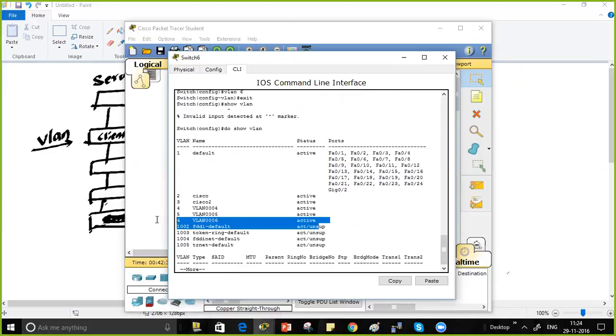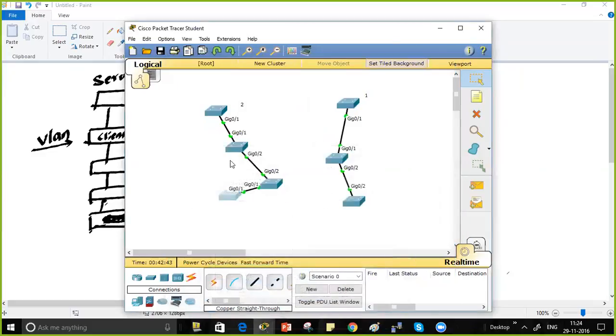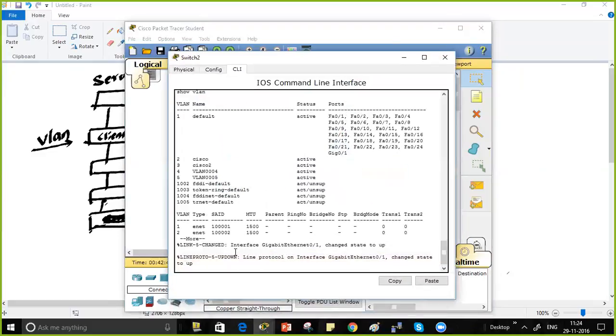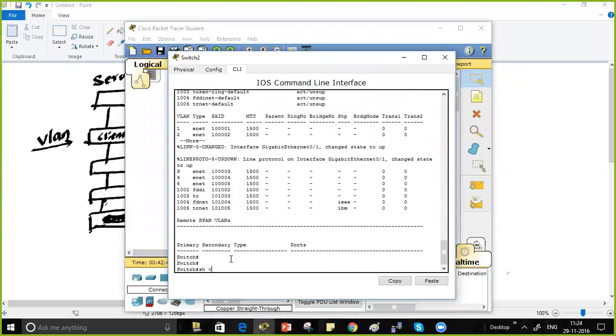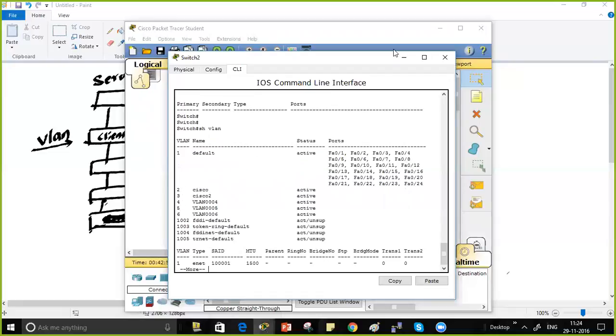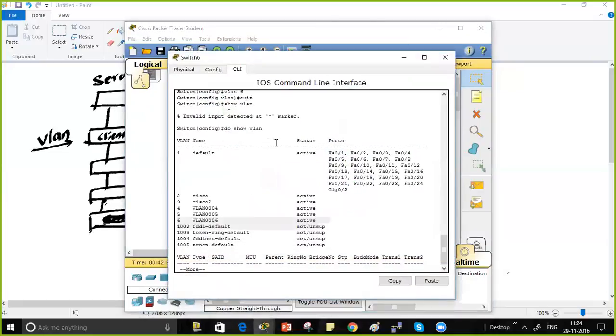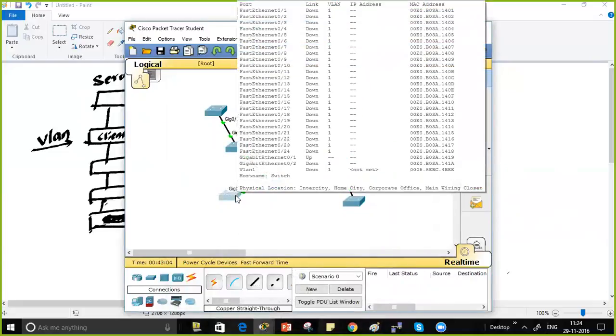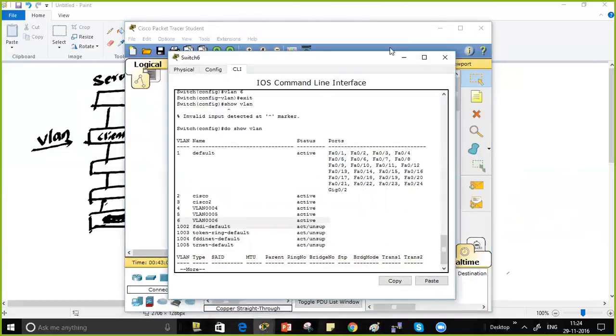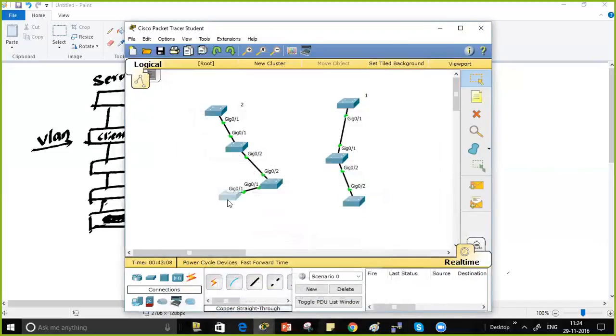Here it is reflected, right? VLAN 6. But see here, the revision number is the same, right? This server also has the same revision number, right?